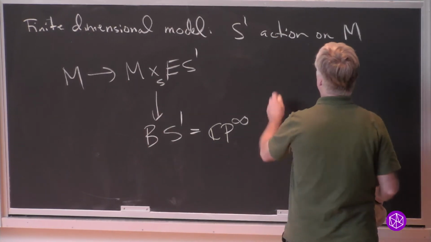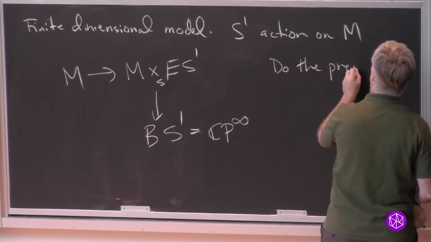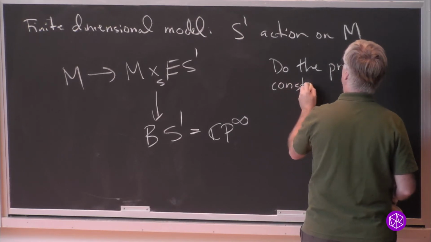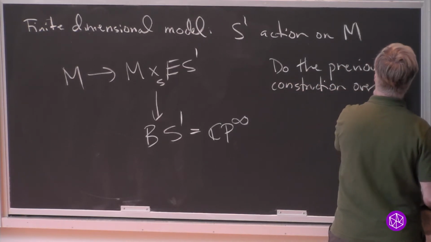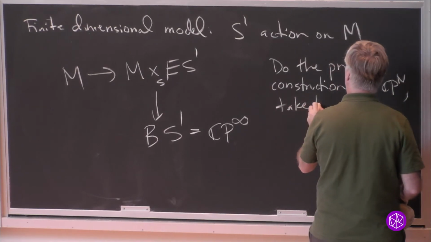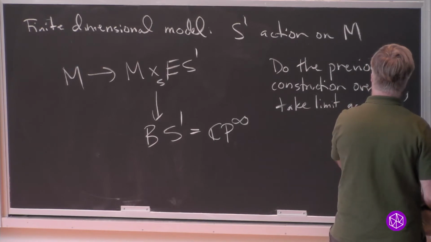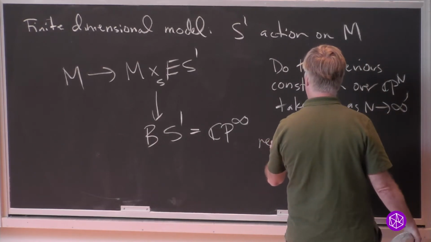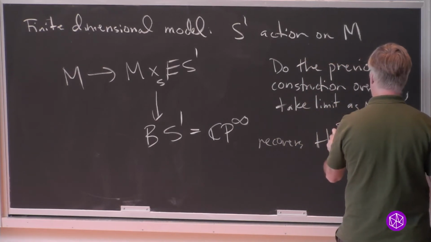So you do the previous construction over CPn, and you take the limit as n goes to infinity, and this recovers the S1 equivariant homology of M.